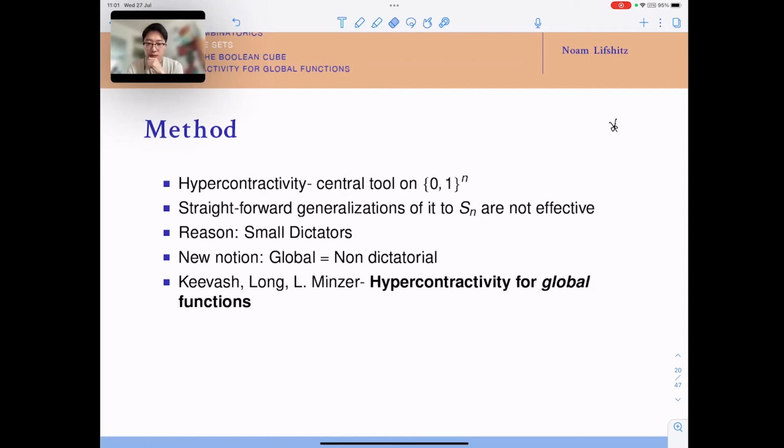Basically, for the same reason that the largest product free set is a dictator, dictators have the worst mixing properties. We came up with this new notion of global sets, that are sets that are not dictatorial, that are far from all the dictators, and showed that you can prove hypercontractivity, this better notion of mixing, but only for the sets that do not look like dictators.